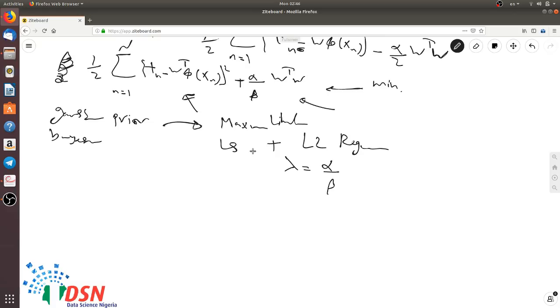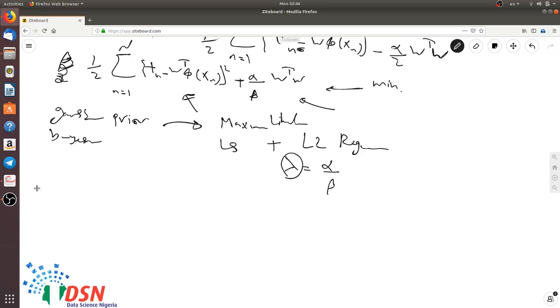And the point is that we could somehow determine lambda automatically.